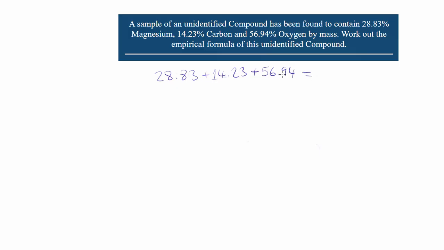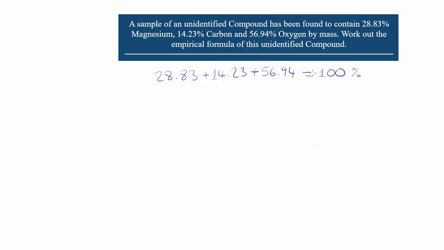I would invite you to have a go on your calculator. What you should get is 100. So they add up in this instance to 100%. Sometimes it might not be 100, but in this particular case, it is.